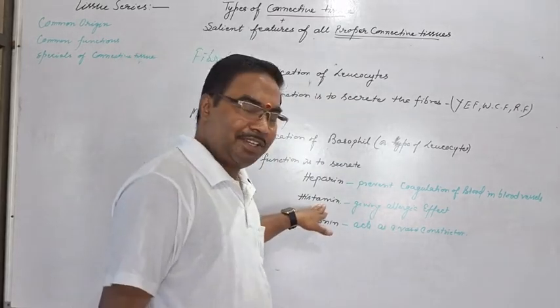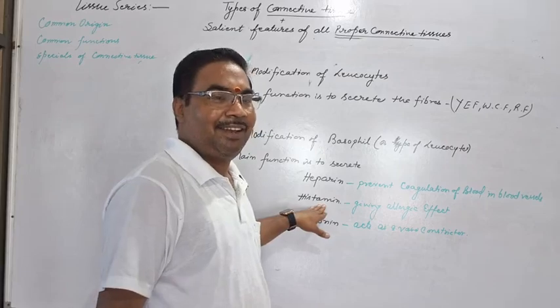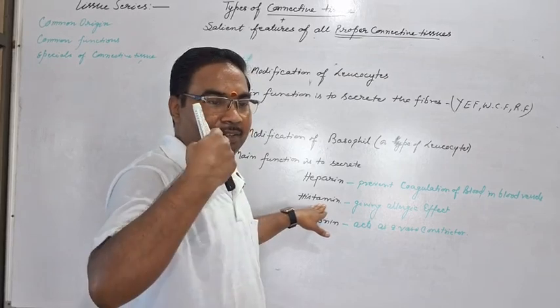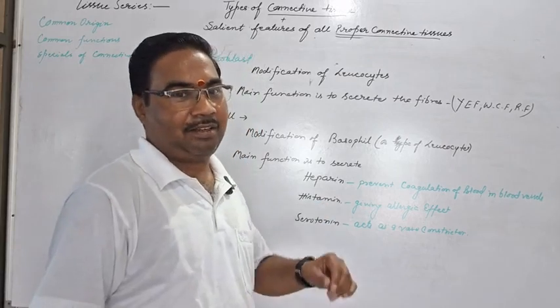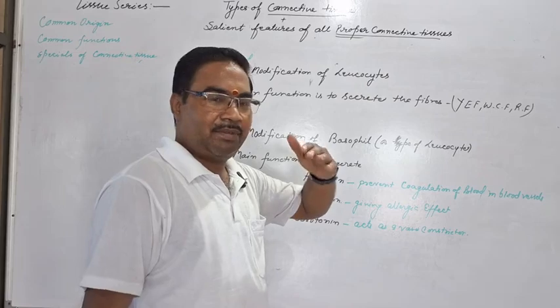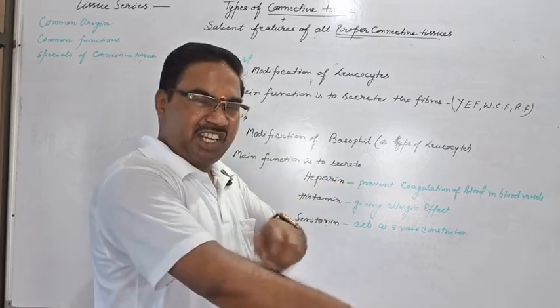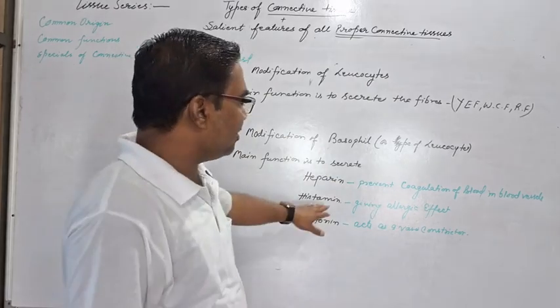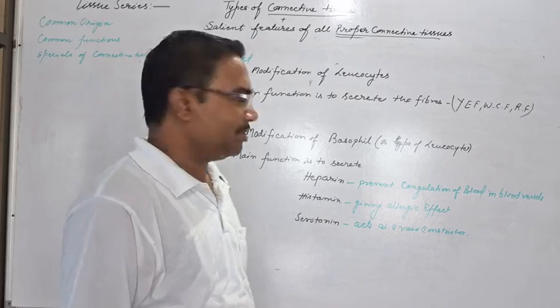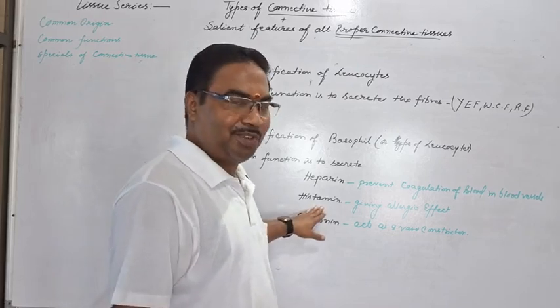When we focus on histamine, what is histamine? Histamine produces the allergic effect when we are suffering from coughing, itching, etc. These are the allergic effects. So histamine is giving allergic effect, and somehow it is not useful for our body.